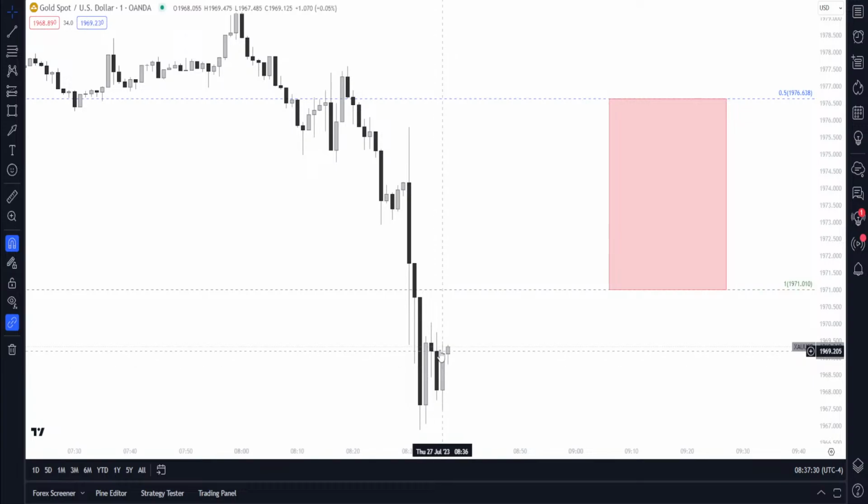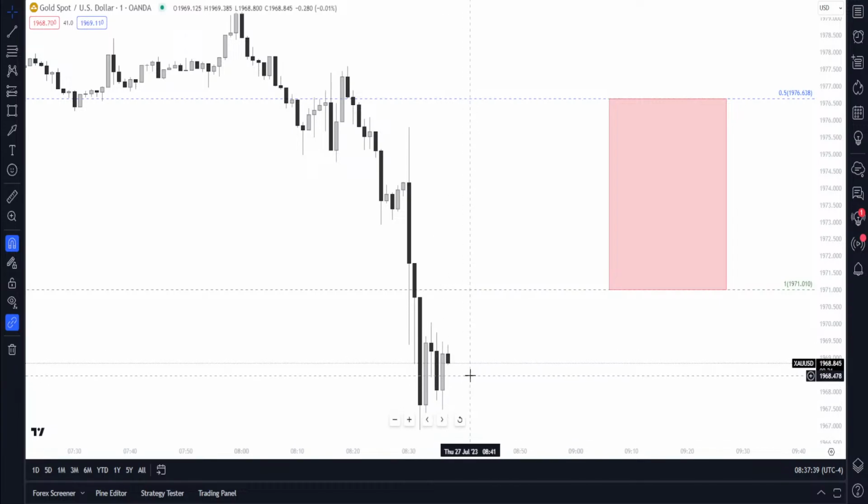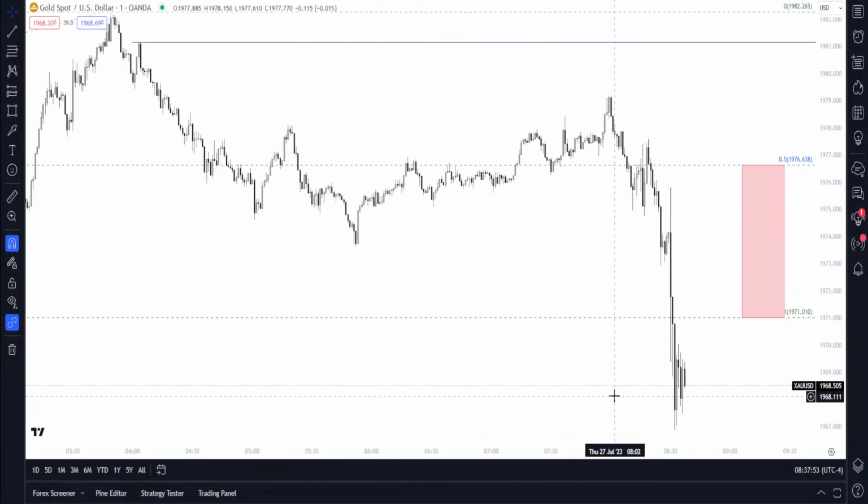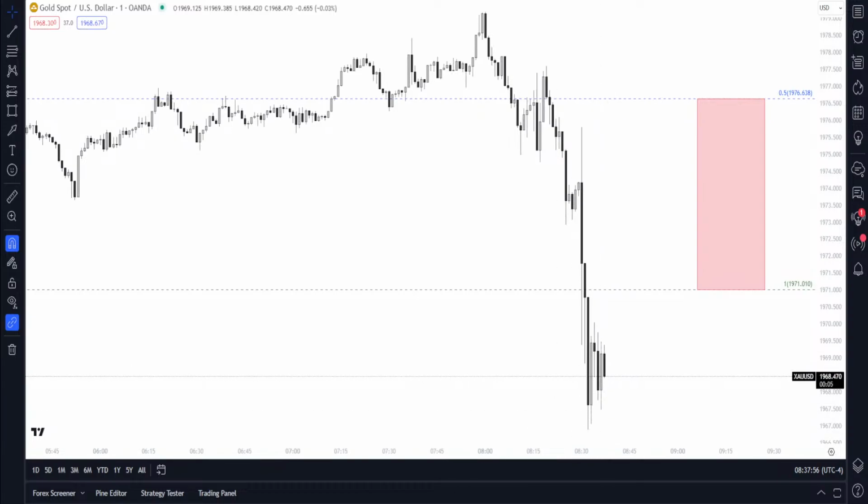Just because it didn't really end like above the candle, right, or at the same level, so I don't really trust this. And if it works out, it works out, right? Our main bias is supposed to be bearish, so we're going to be really careful when we enter trades.